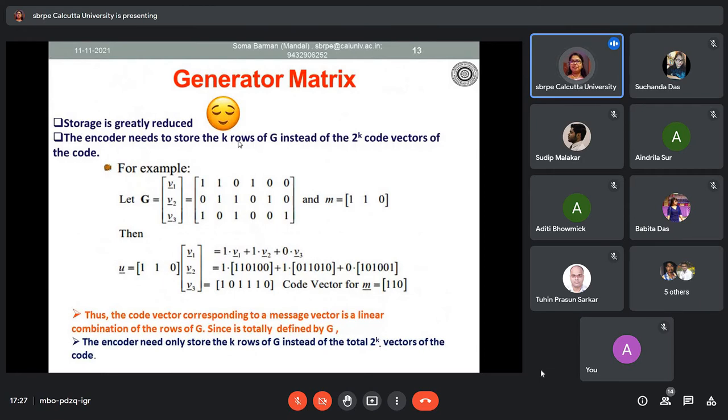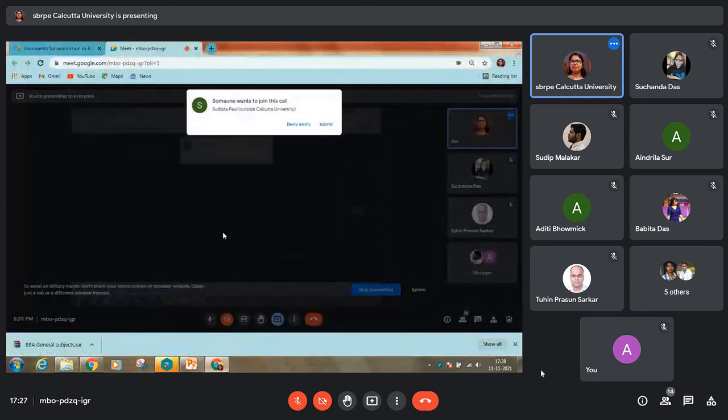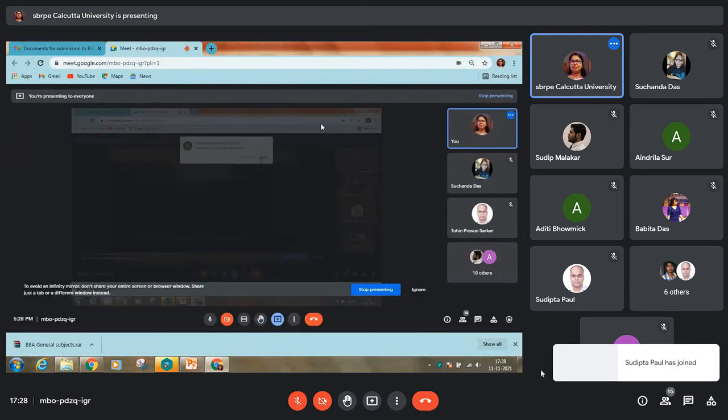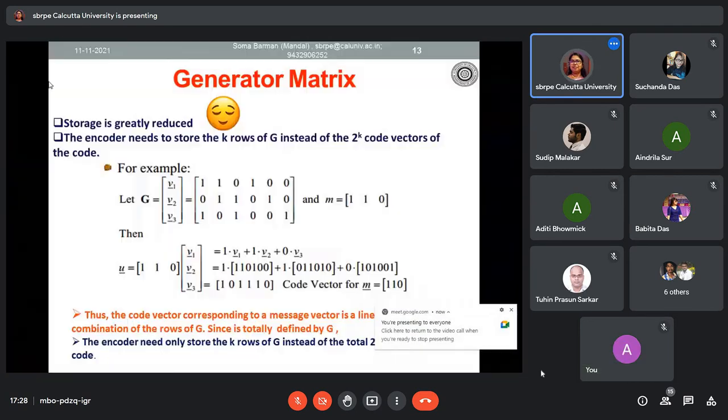What are the basis vectors? 1 1 0 1 0 0, 0 1 1 0 1 0 and 1 0 1 0 0 1. See, if I consider the last three columns, this is just a diagonal matrix.